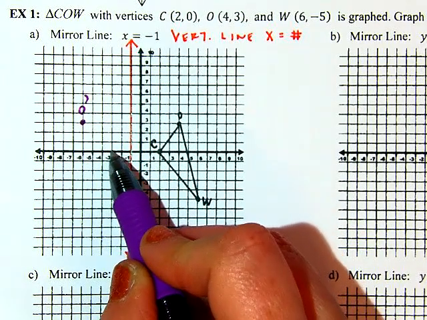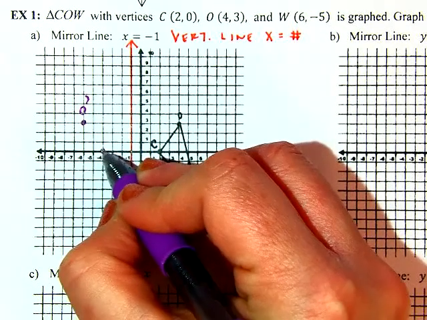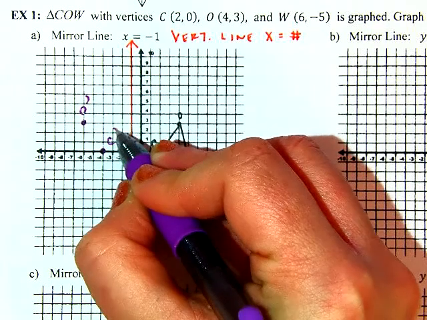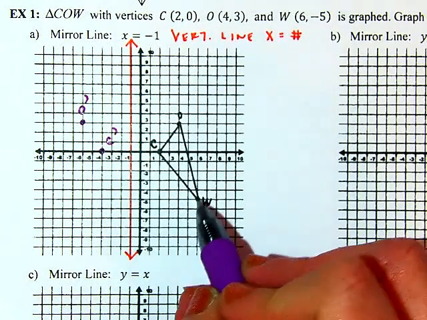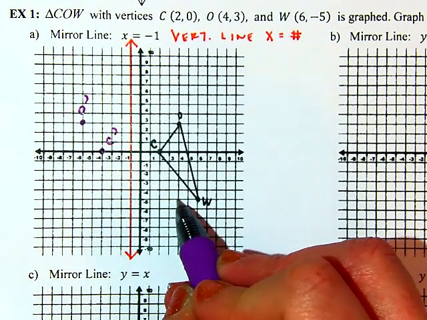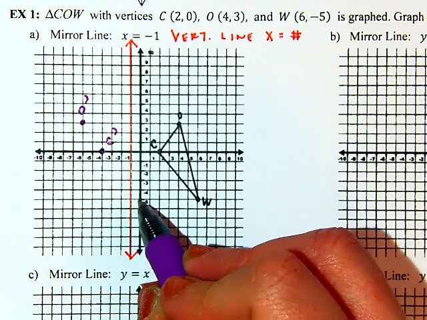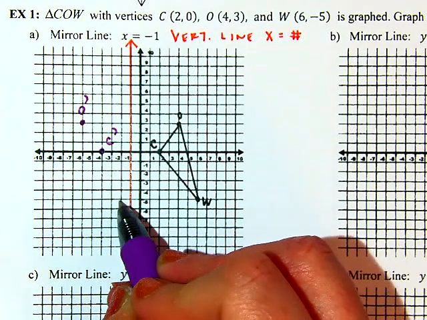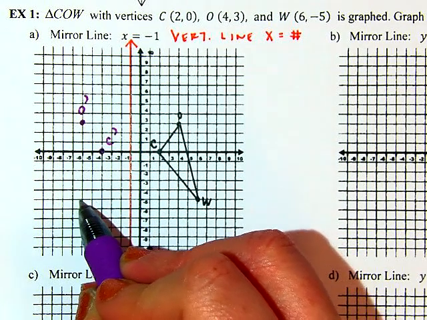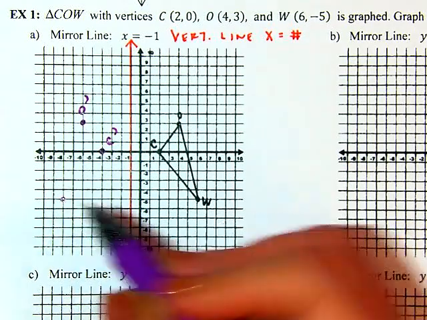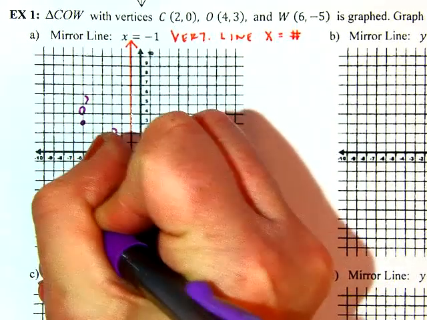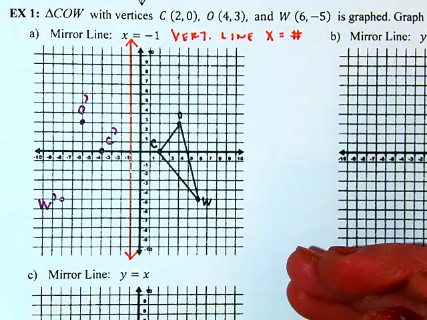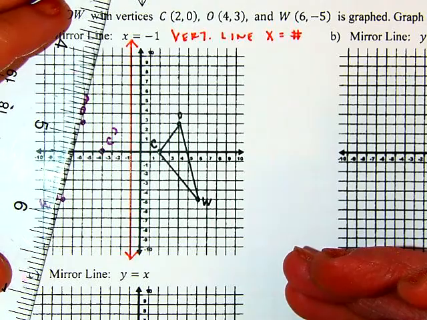So 1, 2, 3 away in the opposite direction. Here's my C prime. Okay, W, 1, 2, 3, 4, 5, 6, 7. So 1, 2, 3, 4, 5, 6, 7. Here's my W prime. Okay, I'm going to take my straight edge and connect the dots.